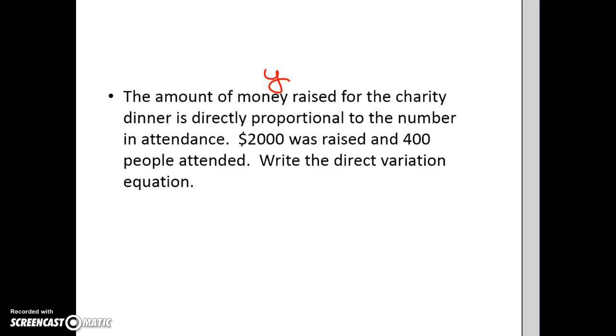Because the amount of money raised is directly proportional, you can also think of that as depends on the number in attendance. So the number of people who attended is my x. So I know I need my equation to look like y equals kx.